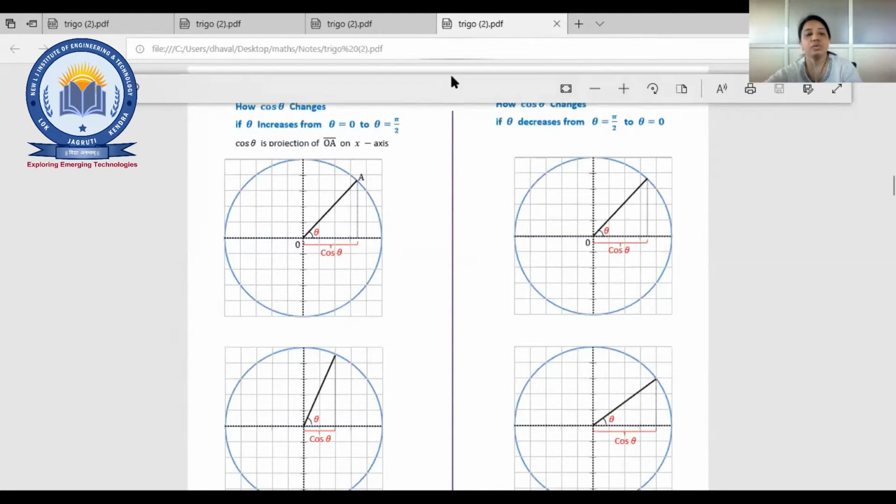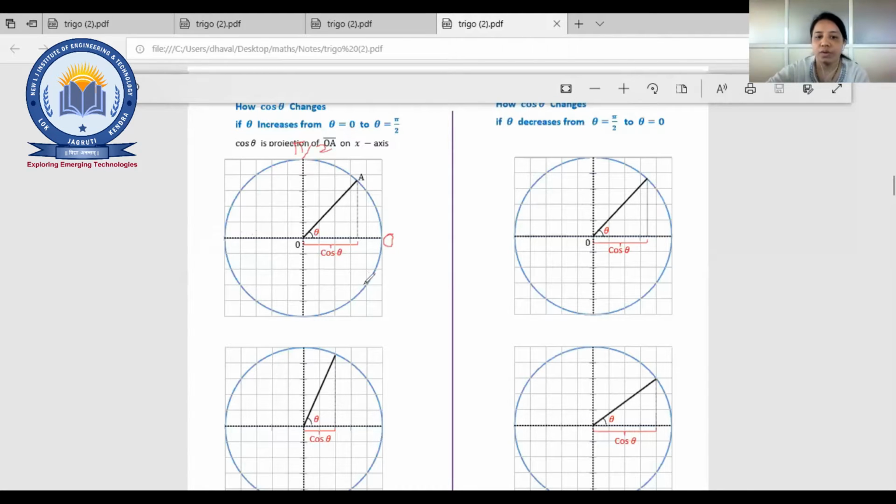Now we'll move on to when theta is increasing from 0 to pi by 2, right? So theta goes from 0 to pi by 2. Here you can see in the figure, this is the 0 angle, this is pi by 2, and this is 3 pi by 2.